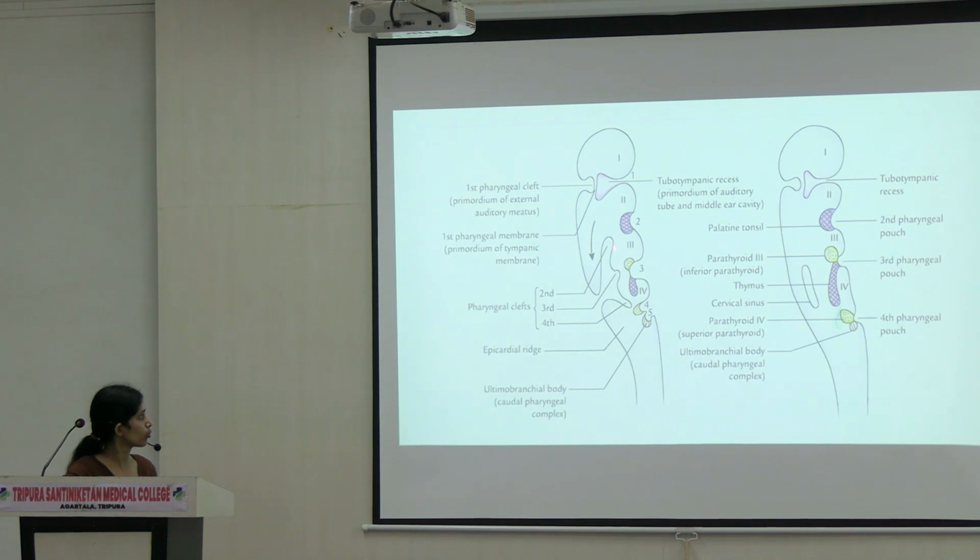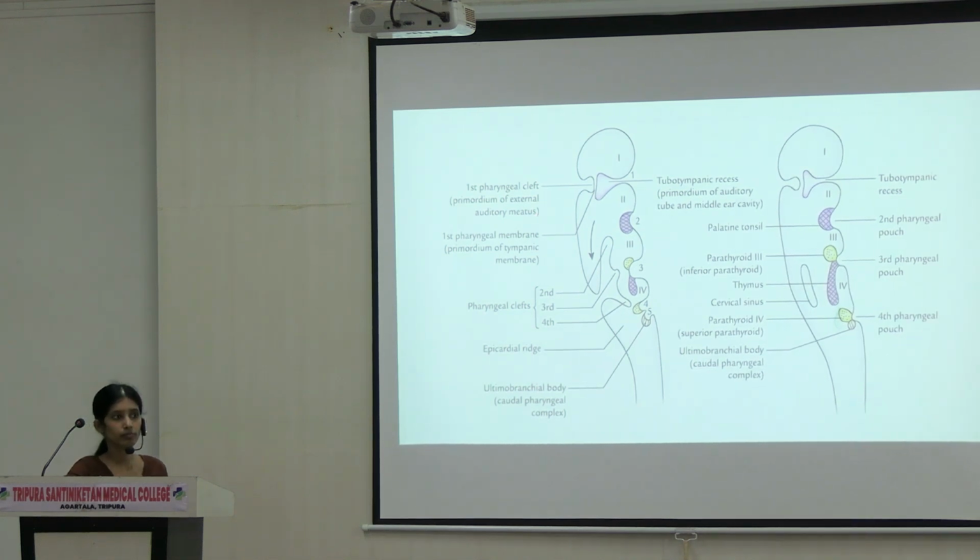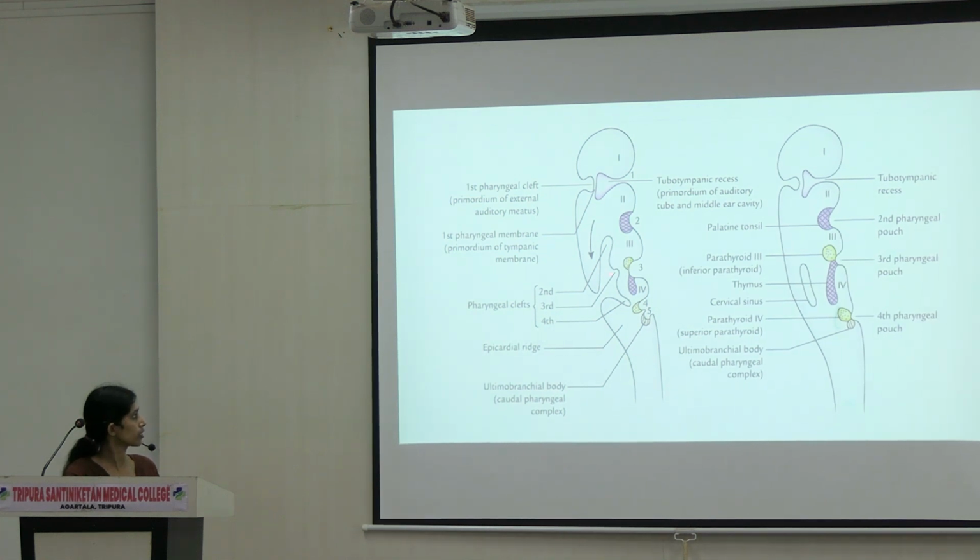And this cavity you are seeing is nothing but your cervical sinus. This is the first pharyngeal cleft which is forming the lining for your external auditory meatus. Just concentrate on the first picture. This is for the pharyngeal pouch, I will discuss later. Now only concentrate on the first one. First, second, third and fourth pharyngeal clefts.